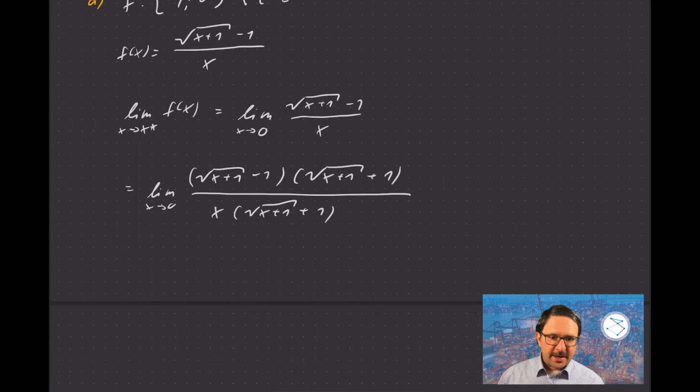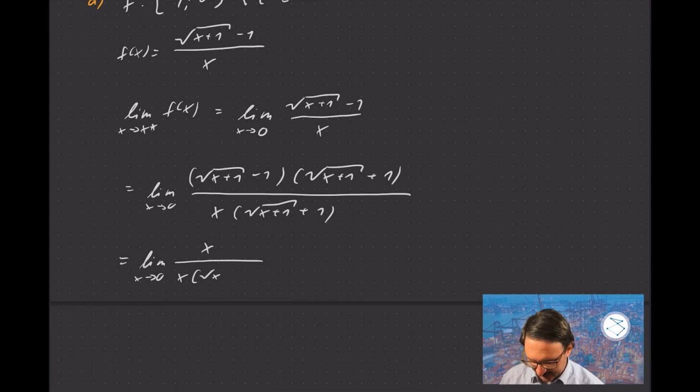Now, if we do that, what we get here is, in the numerator, we apply the binomial theorem. We get this term squared minus this term squared. So we get x plus 1 minus 1, and that's just x. And in the denominator, we get x and square root of x plus 1 plus 1.